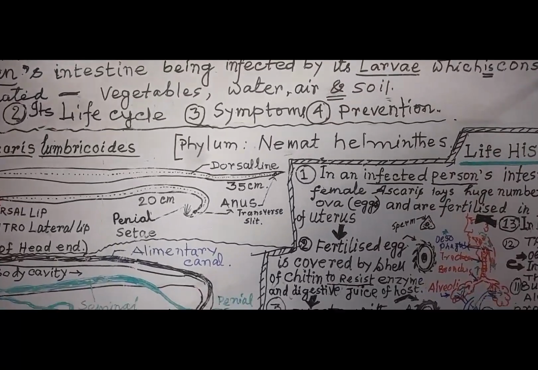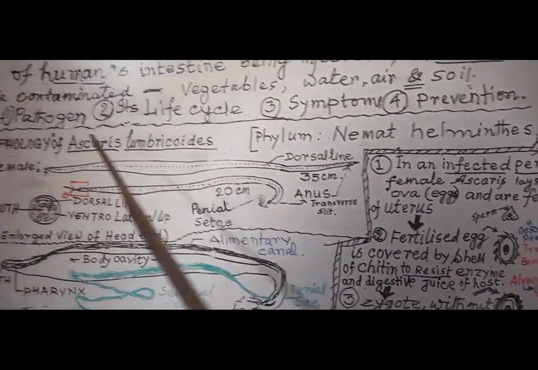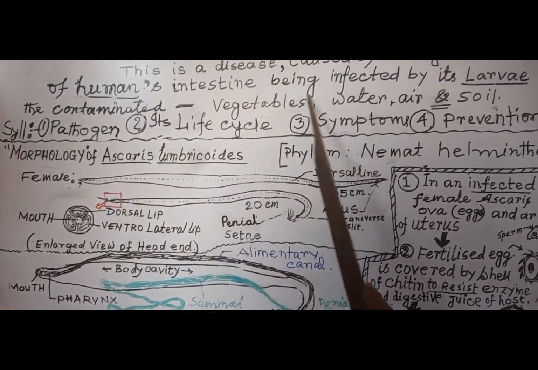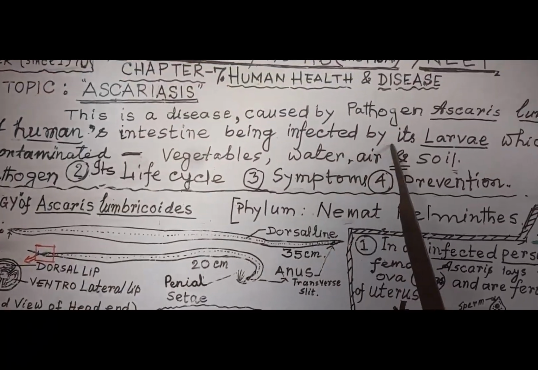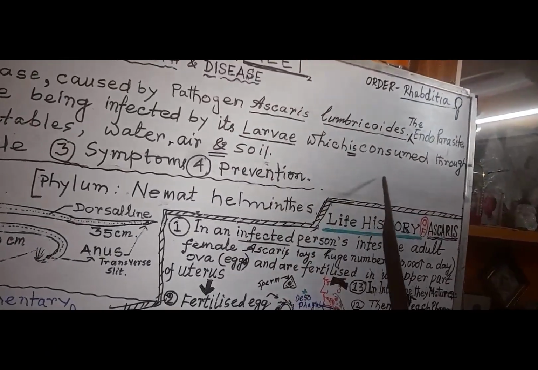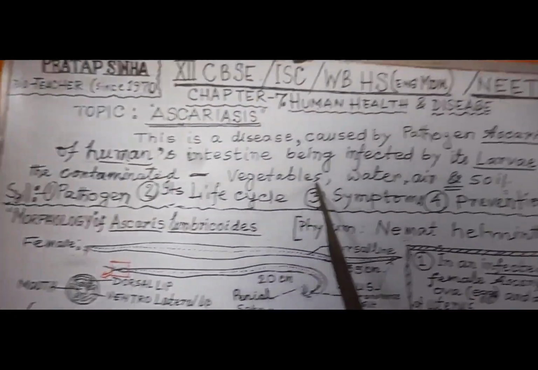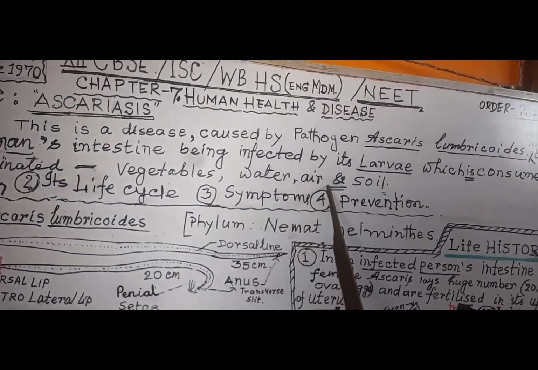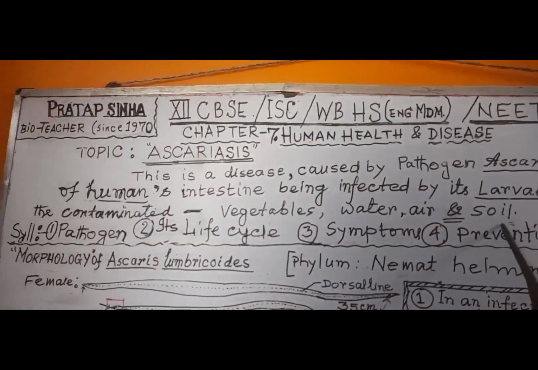It is an endoparasite of the human intestine, and humans are infected by its larva, which is consumed through contaminated vegetables, water, air, and soil.